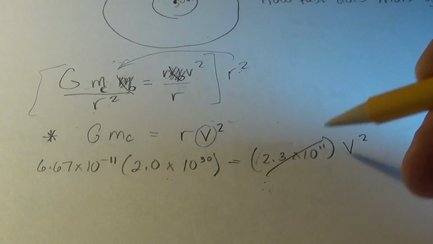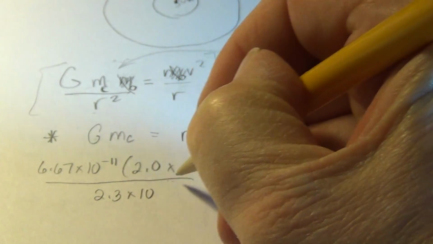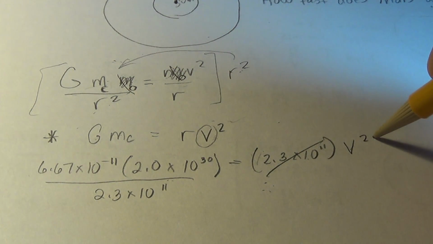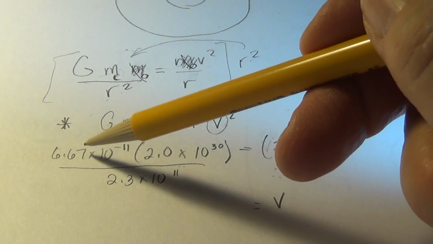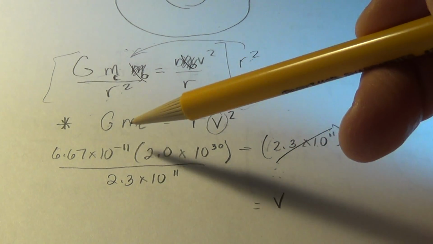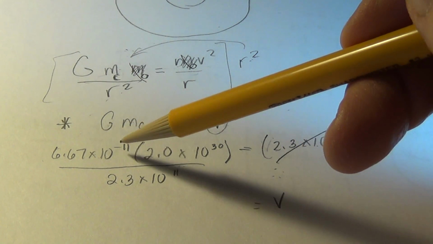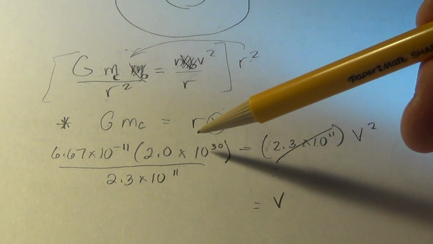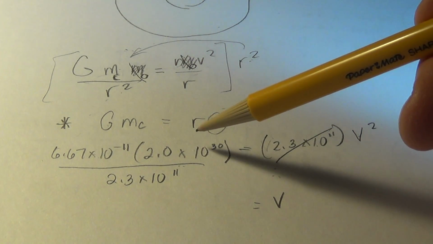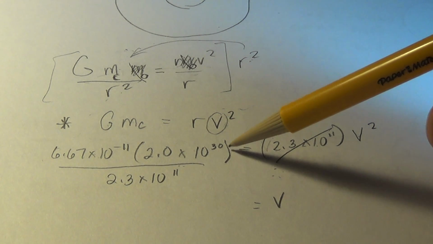Mathematically, we're going to divide both sides by 2.3 times 10 to the 11th. And whatever answer this is, that's v squared. I'll square root that to get v. So when you tap it in, you do 6.67 EE, negative 11, which will save you a couple of keystrokes, times 2.0 EE 30, and then hit enter.